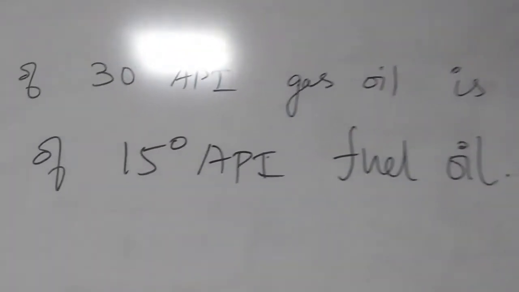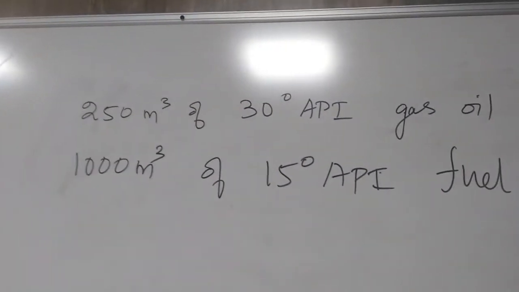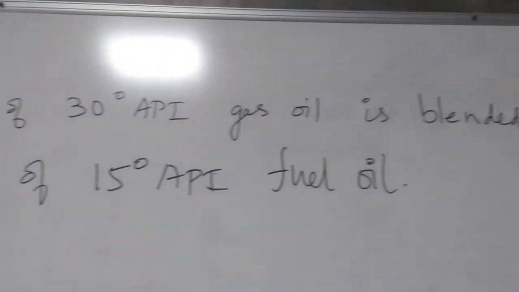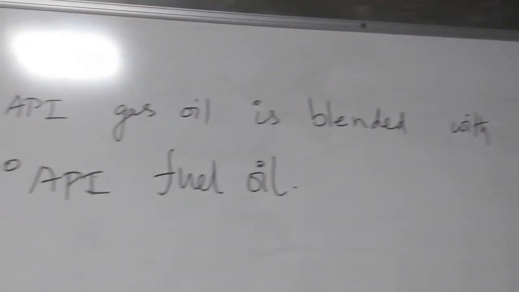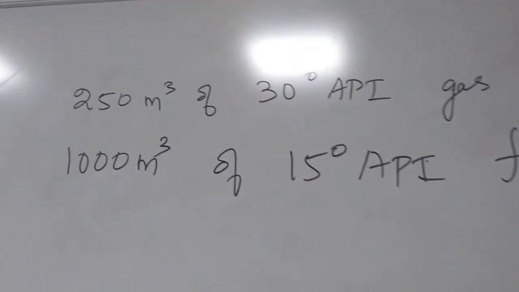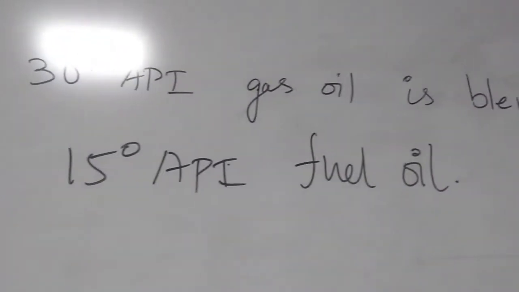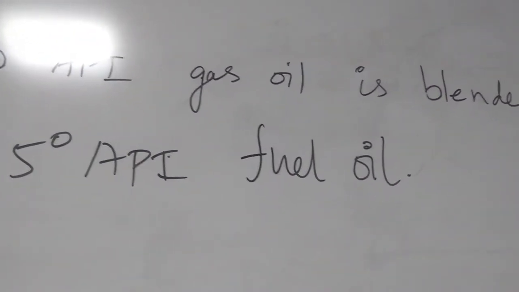250 meter cube of 30 degree API gas oil is blended with 1000 meter cube of 15 degree API fuel oil.